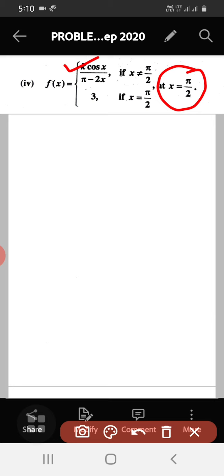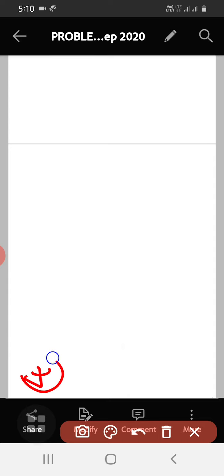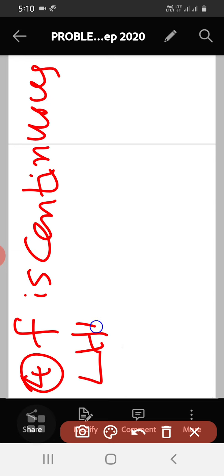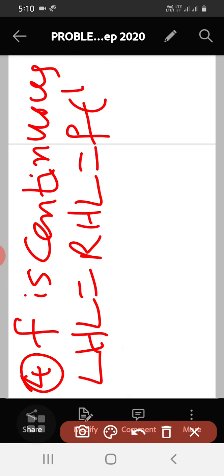Okay, let us begin. What is given in the problem? f is continuous. So f is continuous means what? Left hand limit is equal to right hand limit is equal to the value of the function at the given point.